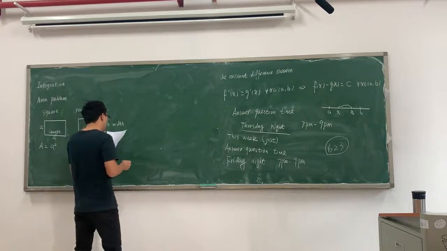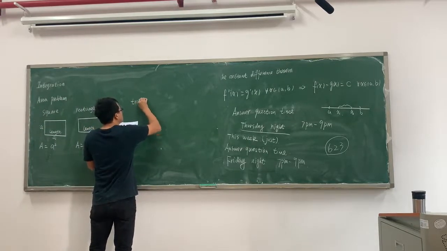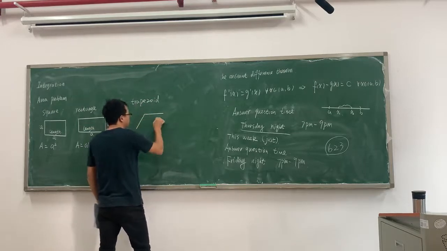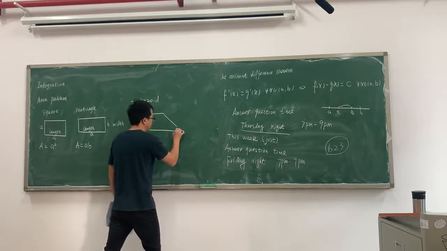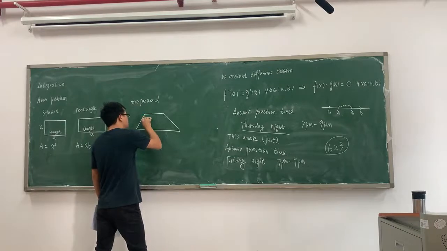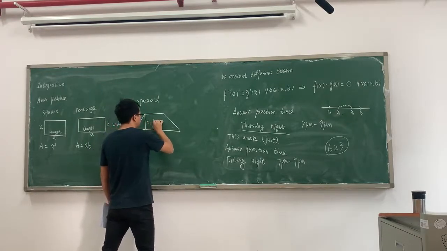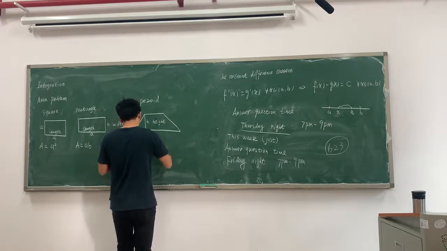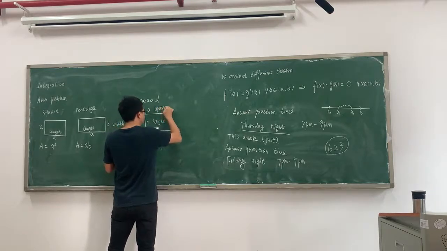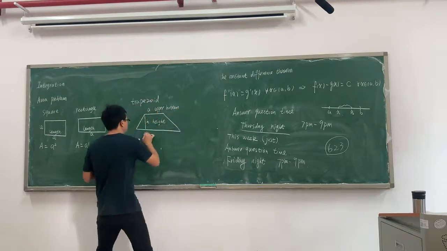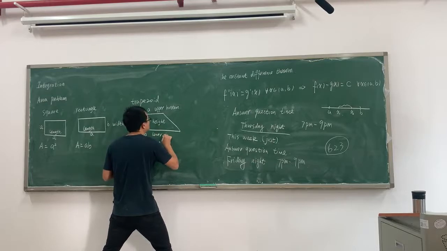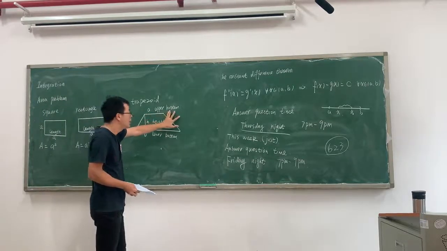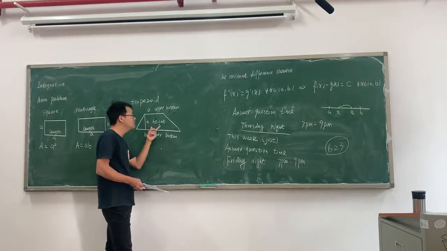The third is the trapezoid. For a trapezoid, A is the upper base, B is the lower base, H is the height.